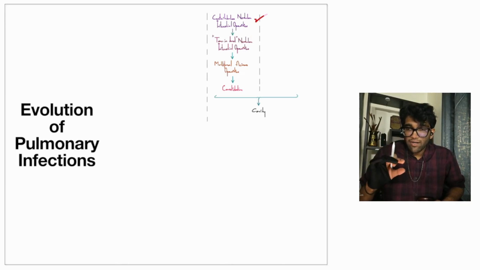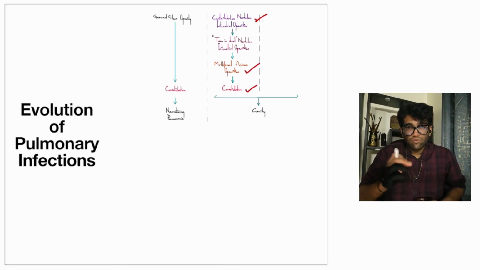That tree in bud pattern would then cause inflammation around that area, so that would become less well defined and produce opacities that are essentially branching out from each other. So that is called a multi-acinar opacity or a multifocal acinar opacity. And then finally that inflammation would fuse with each other to produce a consolidated pattern. So this is the first pathway through which you can get an infection.